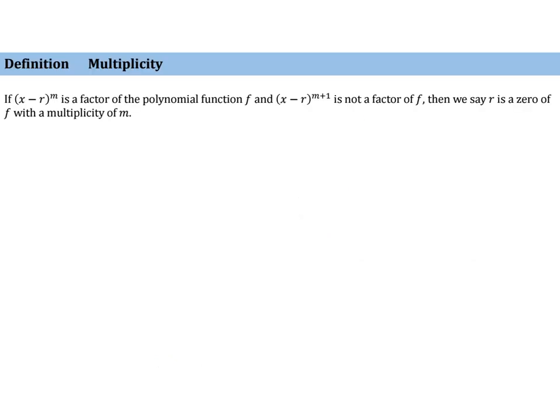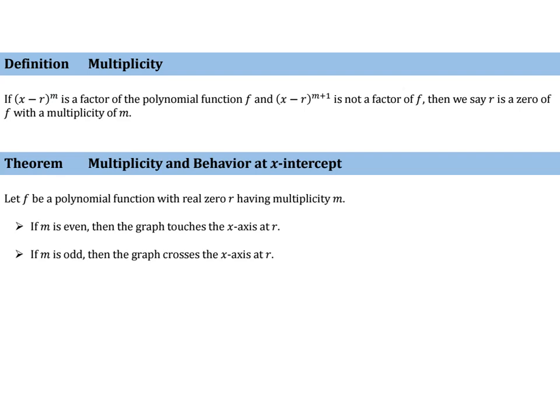So whenever we have a factor, x minus r, and it's raised to a power m, then x equals r is the 0, and the multiplicity is m. Whenever the multiplicity is even, like what we saw in the last example, then our graph just touches the x-axis at r. It will not cross. If m is odd, then it will cross the x-axis at that corresponding x-intercept.